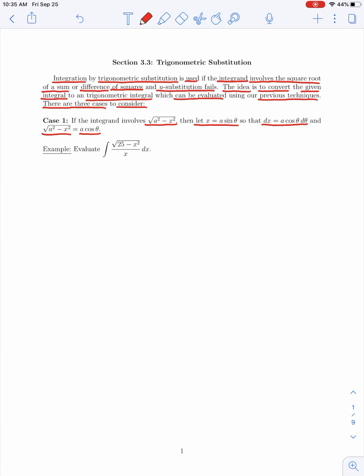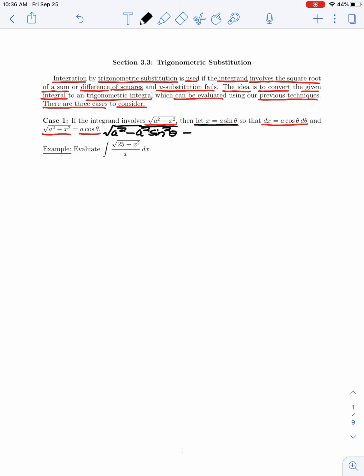Now let's see how exactly that works here. If I'm working with the square root of a squared minus x squared, and I choose x as a sine theta, well then x squared is a squared times sine squared theta.